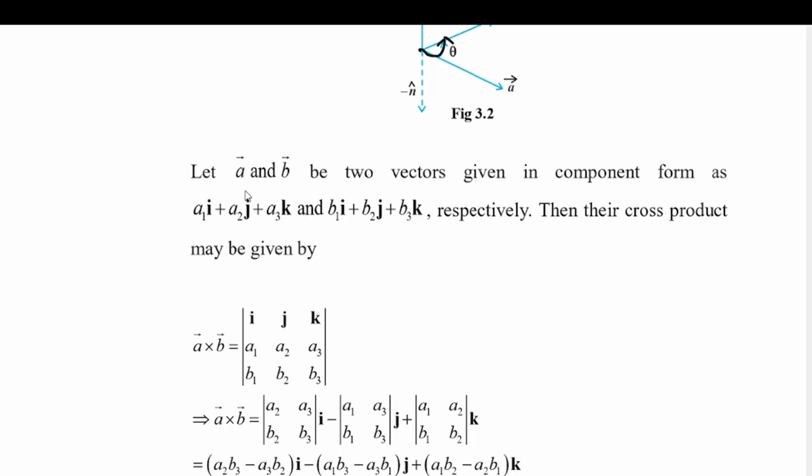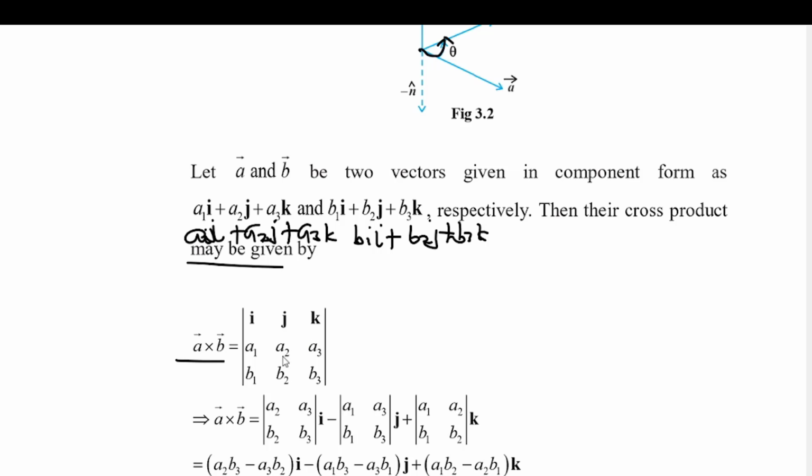Okay, so if we have the two vectors A and B as usual, A1i, A2j, and A3k representing the components of the first vector A, and B1i, B2j, and B3k being the components of the second vector B respectively, then the cross product is given as this one. So here we make use of determinants.